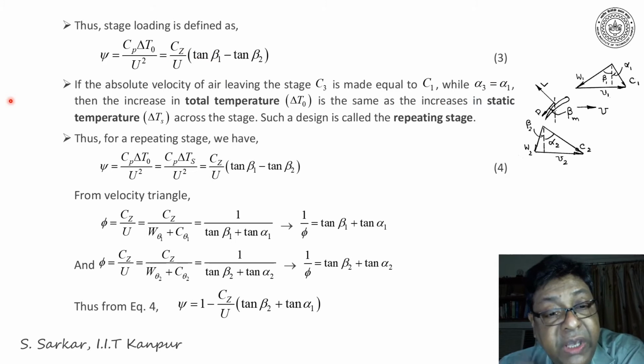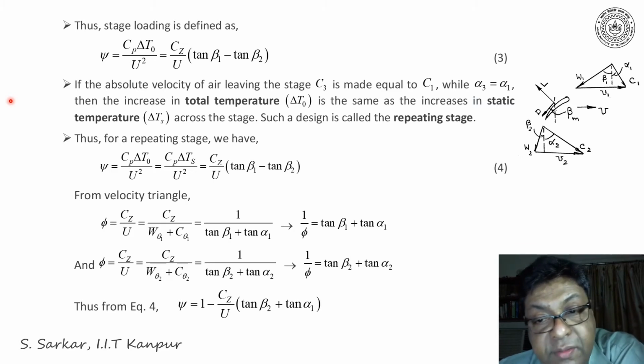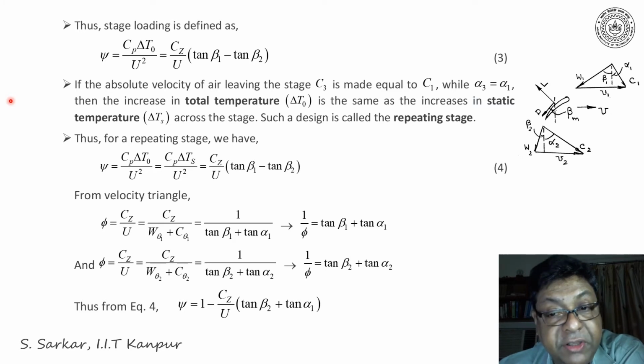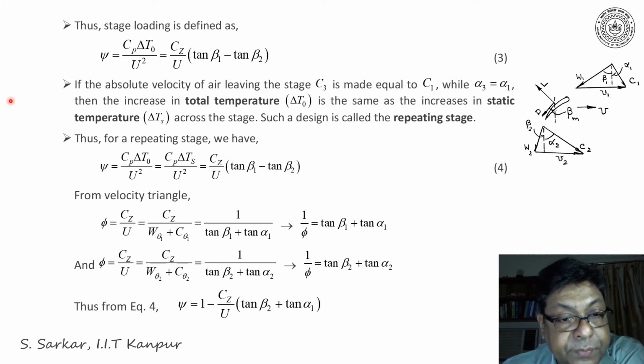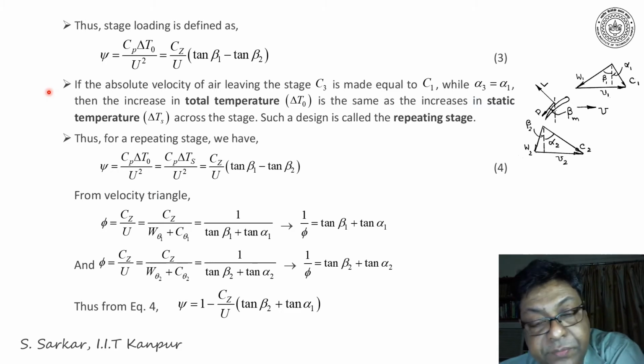Now, if the absolute velocity of air leaving the stage, that is C3, is made equal to C1, while alpha 3 is equal to alpha 1, then the increase in total temperature del T0 is same as that of the static temperature del Ts across the stage.